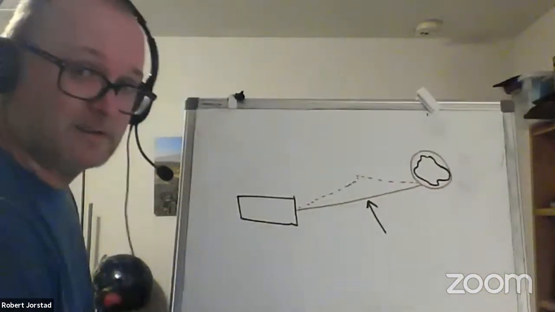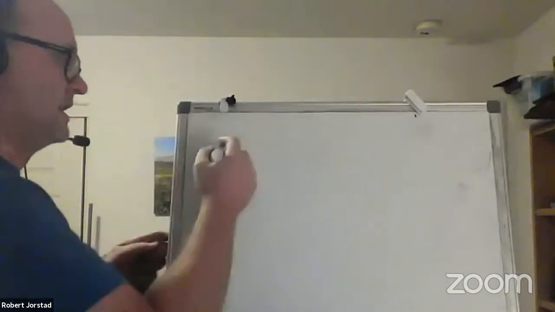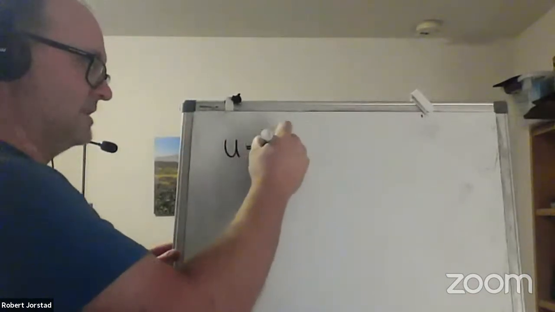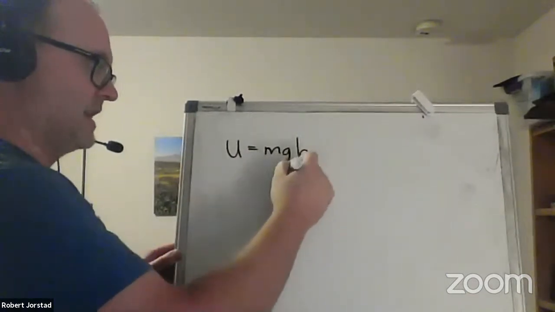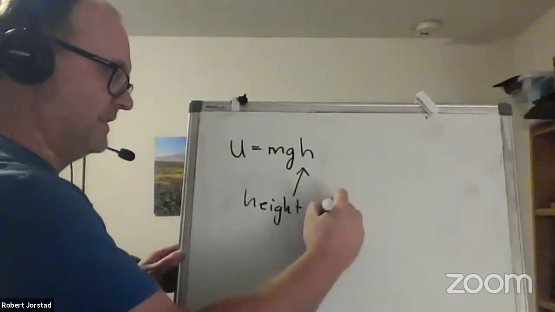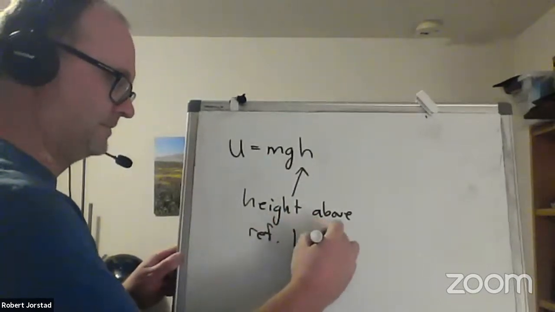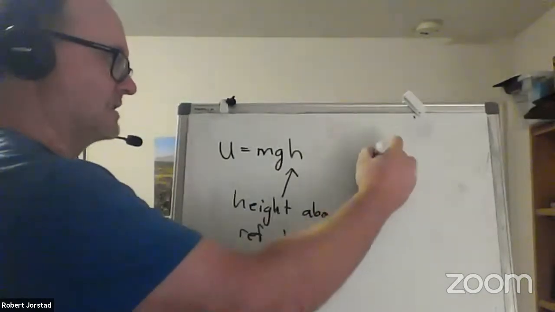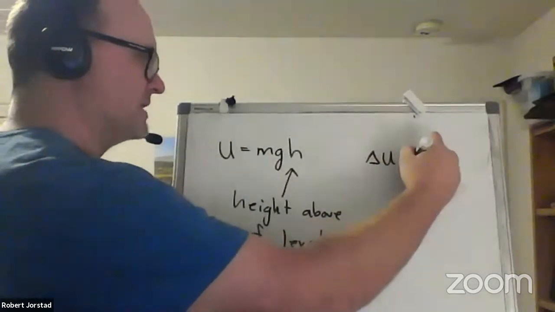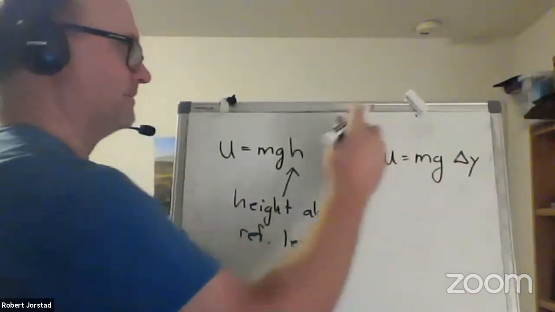To be clear, notice there's a difference between U, which is mgh, where h is the height above the reference level, and delta U, which is equal to mg change in y.